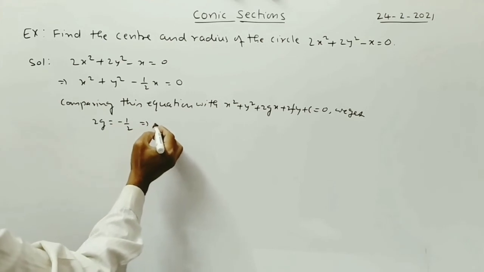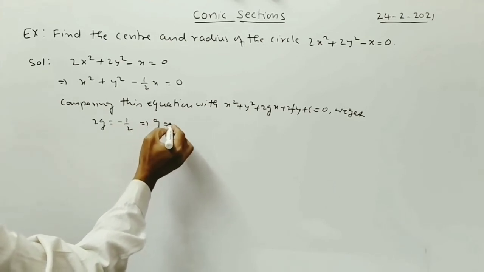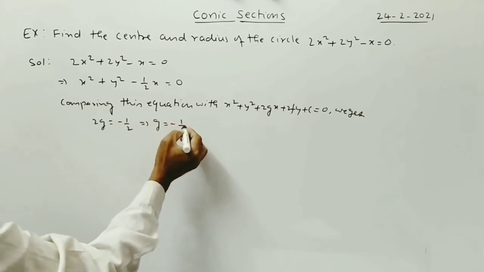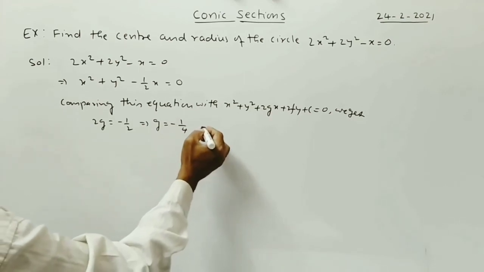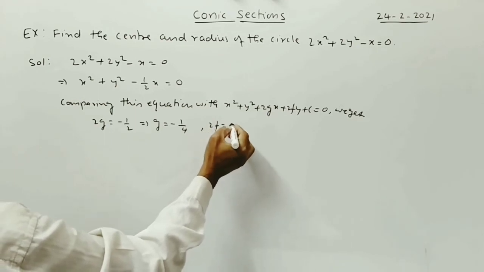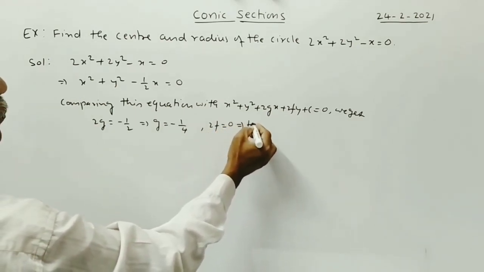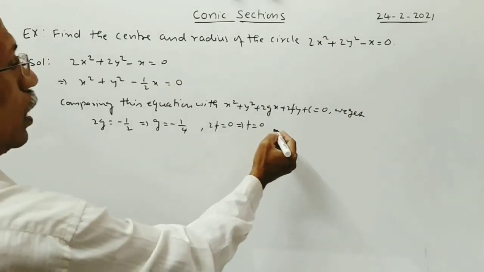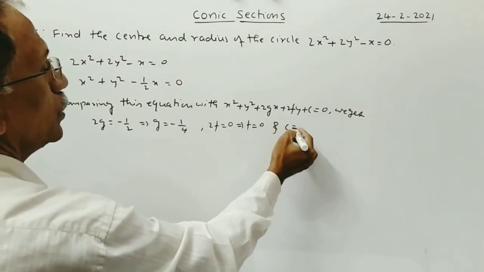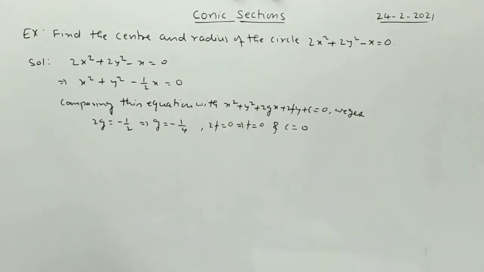This implies g is equal to minus 1 by 4. 2f is equal to 0. This implies f is equal to 0. And c is equal to 0.